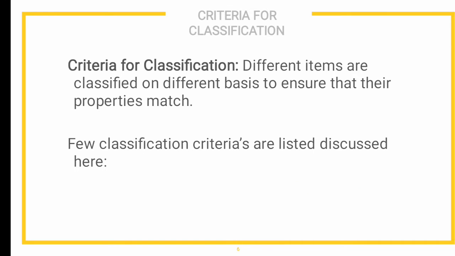Next, the criteria for classification. Different items are classified on different bases to ensure that their properties match, so there should be at least one similarity between two products. For example, a brown bottle and a green bottle. If they are both made of plastic, then from a color perspective they will not match, because one is brown and one is green, but because they are made of plastic they will fall in the same group.